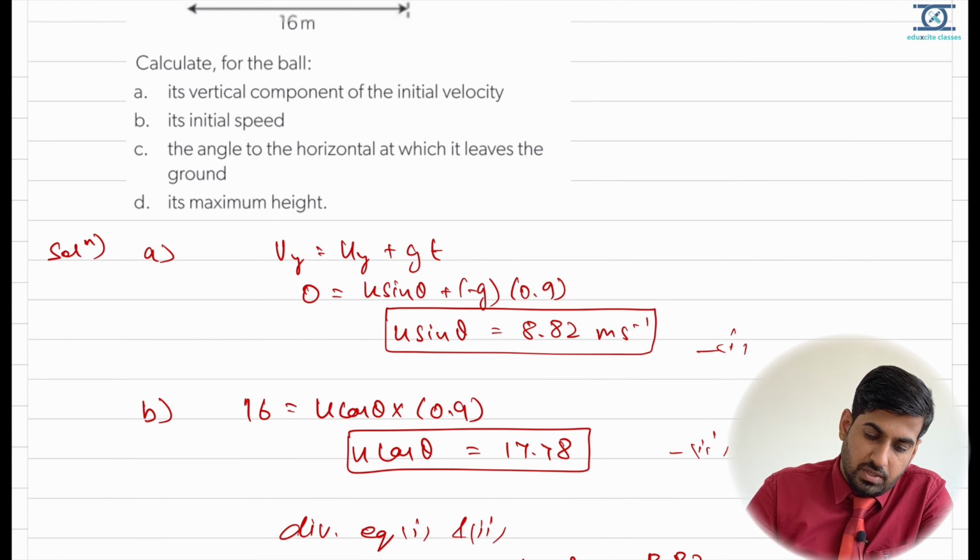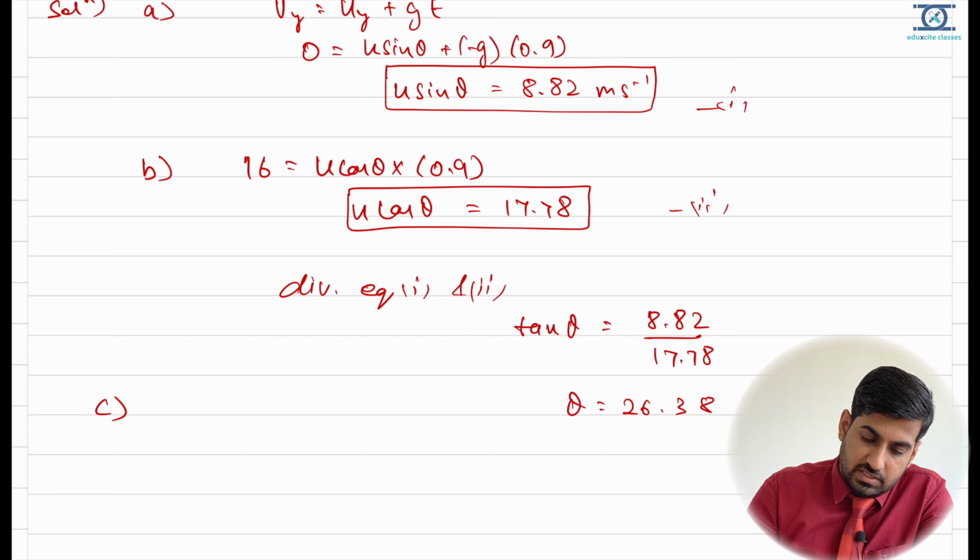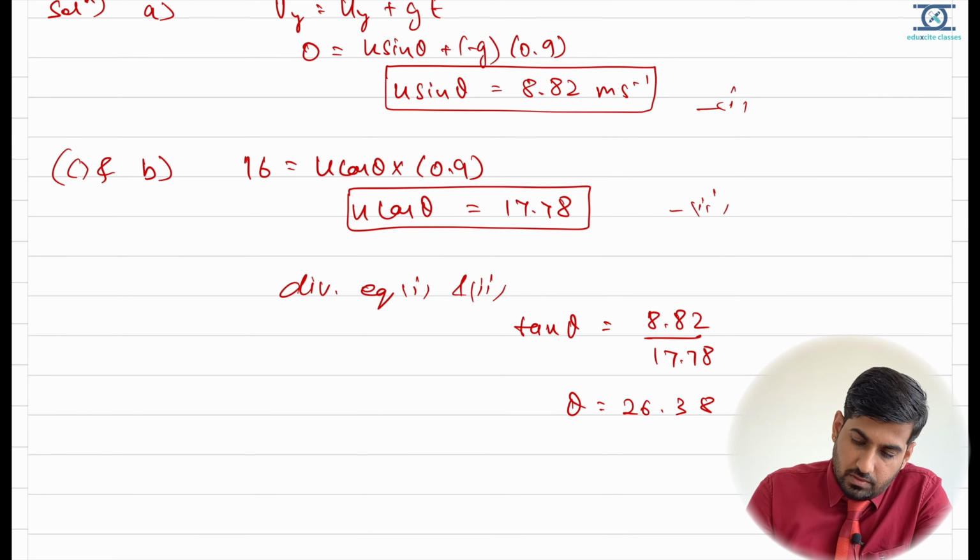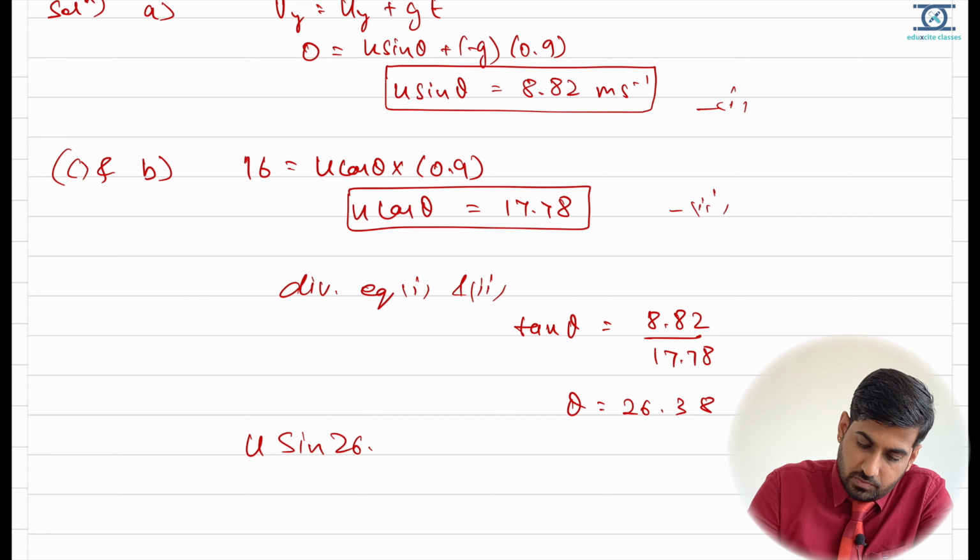Then you can do the B part. Using this theta, I can find out, now B and C, you can say I am doing together, right? So u sin of 26.38 is 8.82.